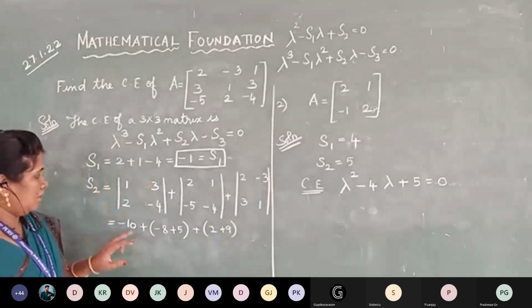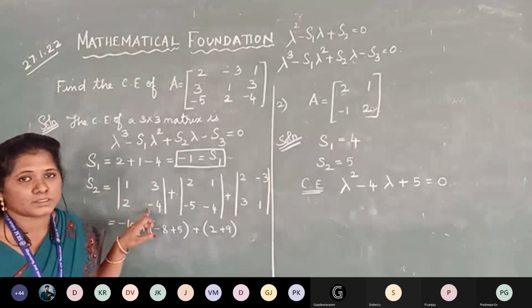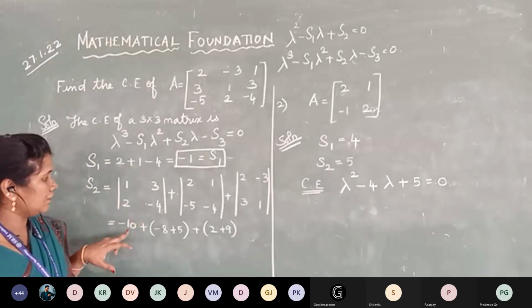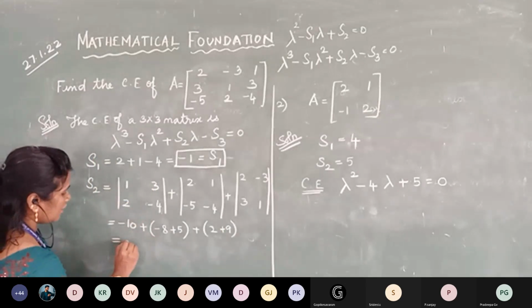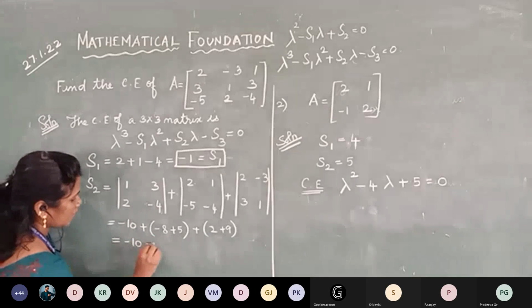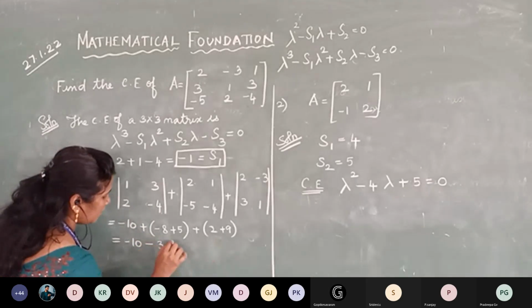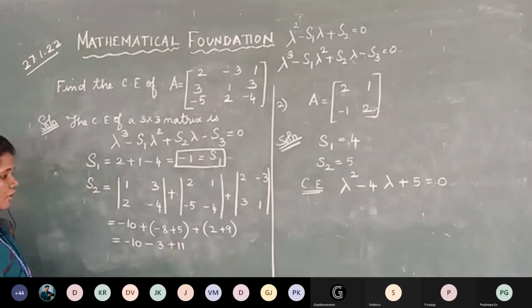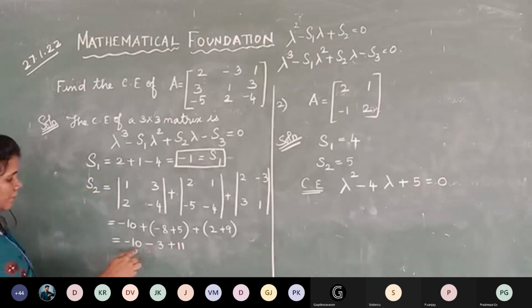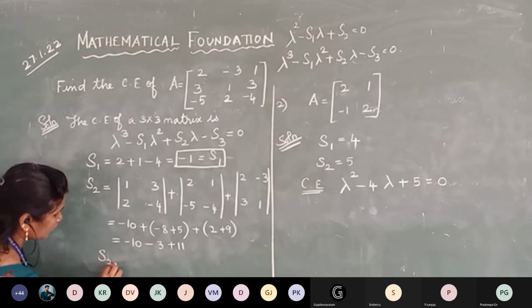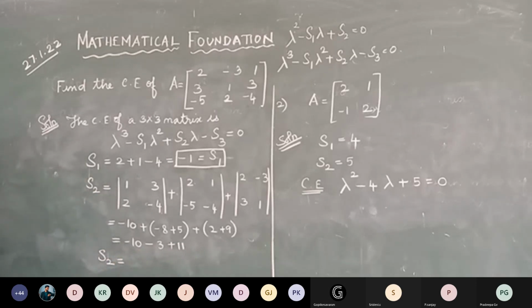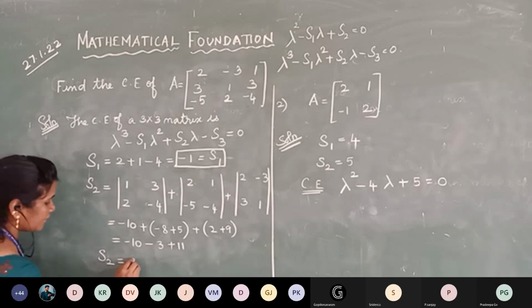Here it is minus 4, minus 6. So I got minus 10. Here it will be minus 10. Here it will be minus 3 and 8. And here it will be plus 11. So what is your S2? 13 minus 13 plus 2, which will be S2 is equal to minus 2.